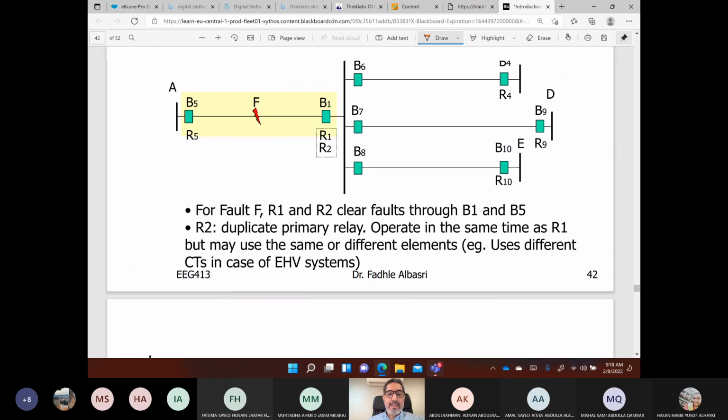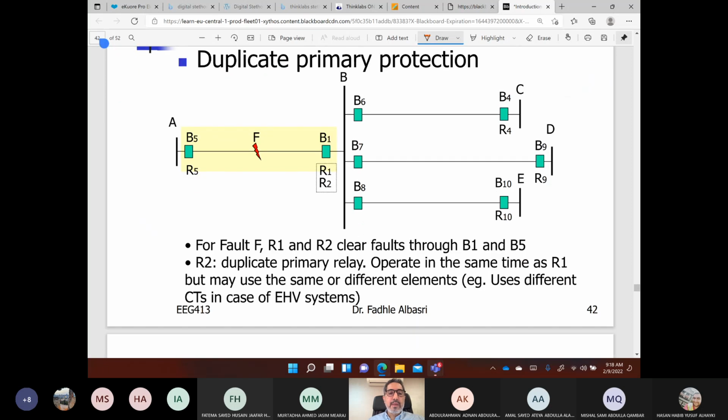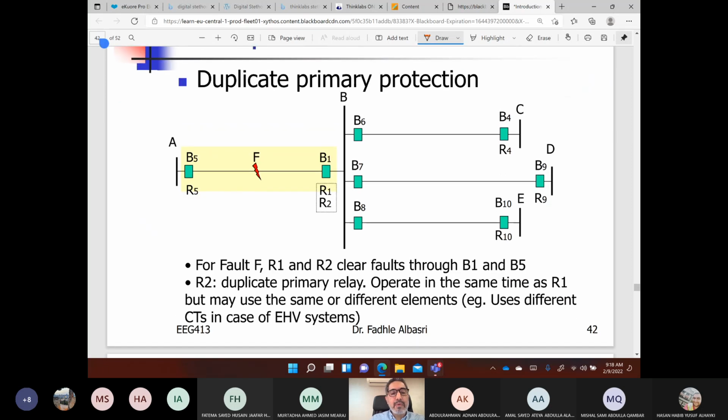This is another example where I could have two primary protections at R1 and R2. Even here, I have 5.1 and 5.2. Suppose this is R1 and R11 and R12. So we have two relays at each end, and each relay acts as a primary protection.